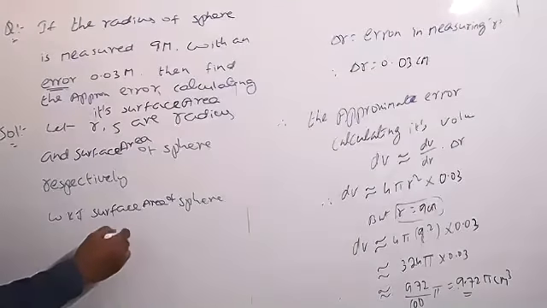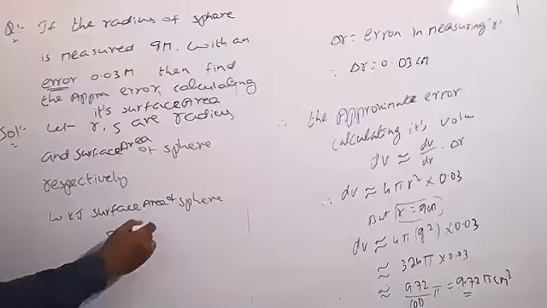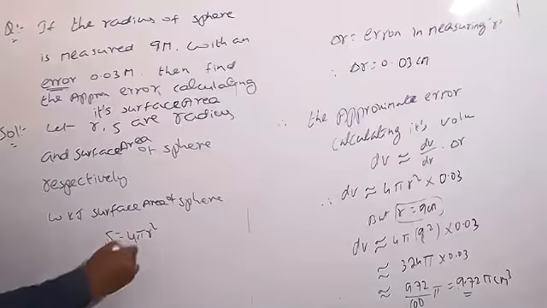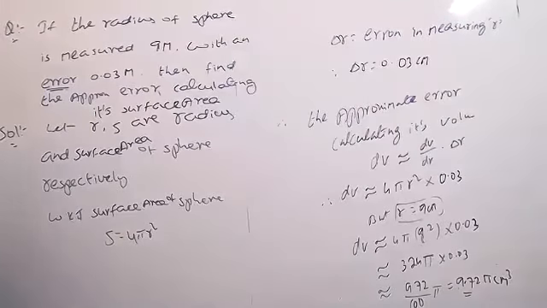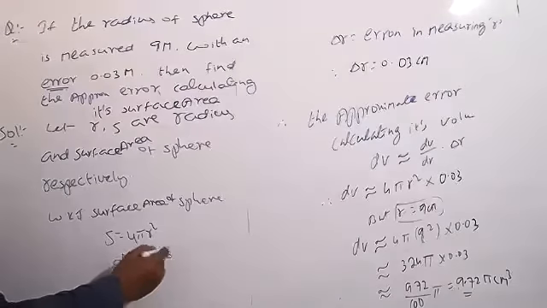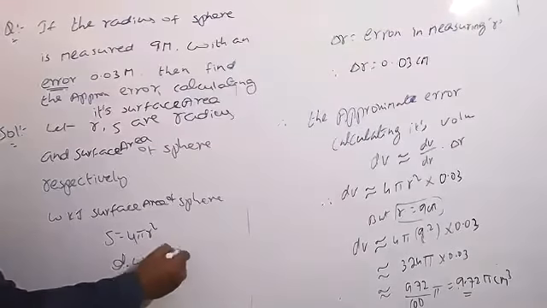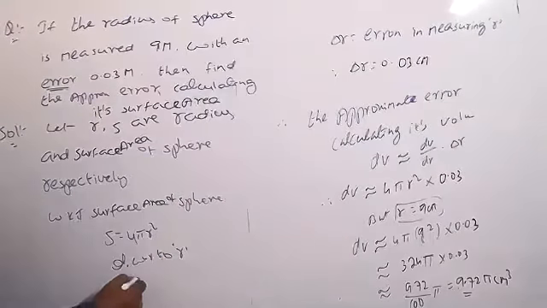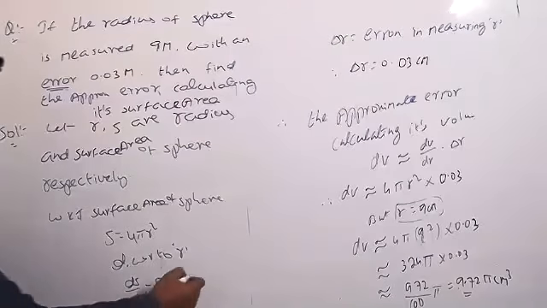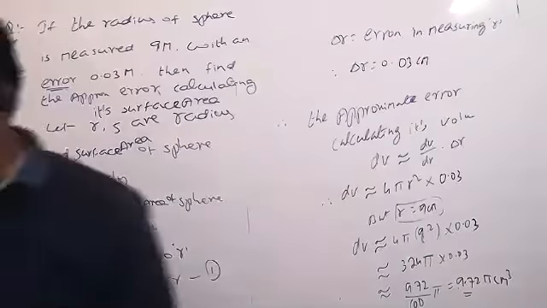S equals 4 pi r square. So differentiate with respect to r on both sides. So ds by dr equals 8 pi r. It is equation number 1.